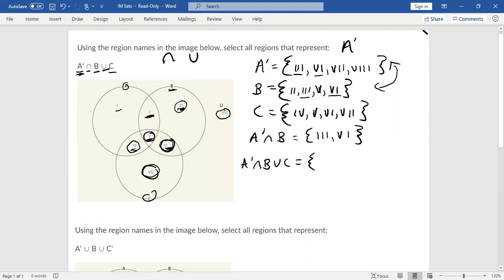I'm going to do it in order. 4, 5. See, they both have 6, but I'm only going to write it one time. And then 7. And that would be our answer for the first one.